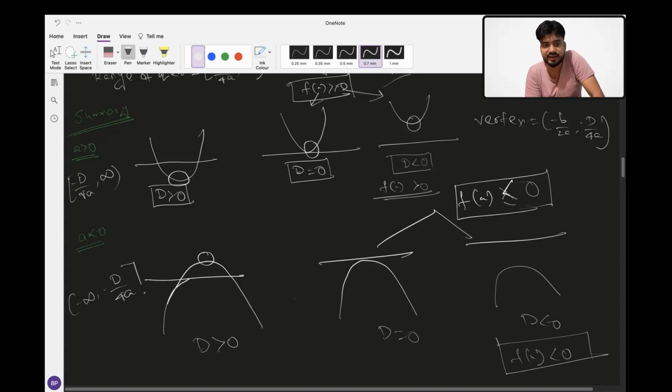So this will be the range, and this is the vertex point. You can mark this point for all the curves, but I have marked it at only one. Okay, that's clear, I hope.